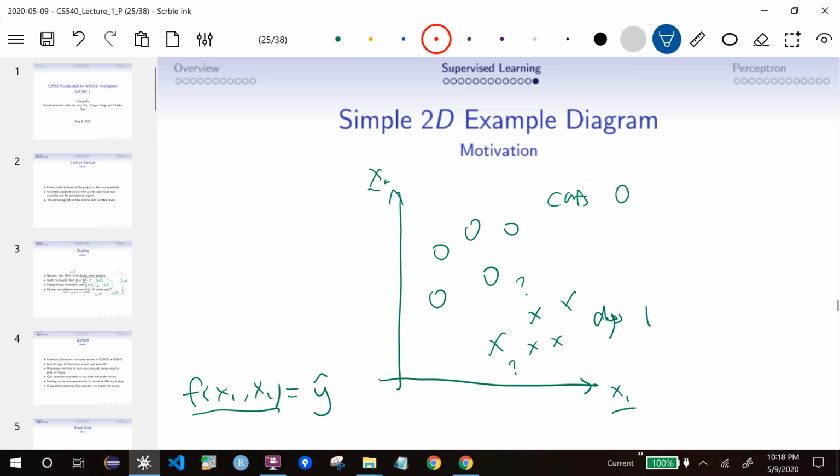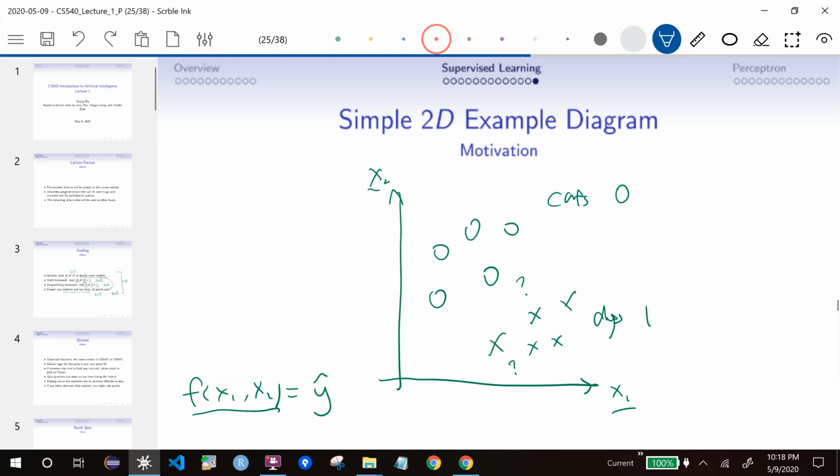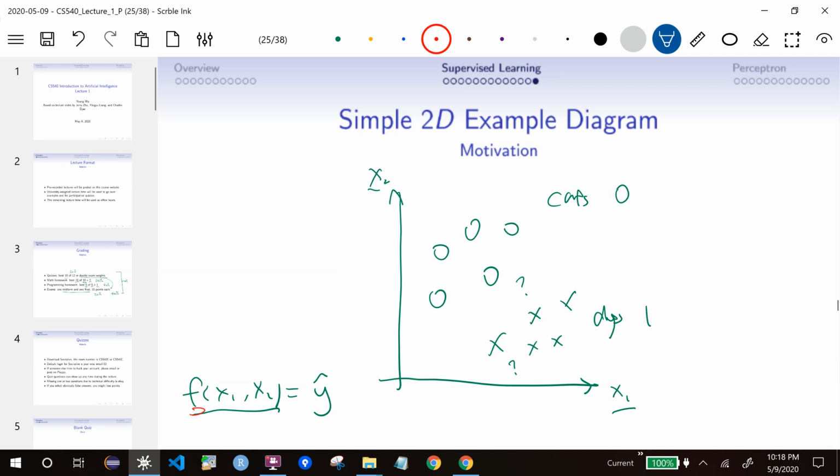So for a problem like this, it seems the simplest version of a function is a linear function, a linear classifier. So it's a line. Use a line, and things above the line will be classified as 0. Things below the line will be classified as 1. So that seems to be the problem, and we want to find such a line.